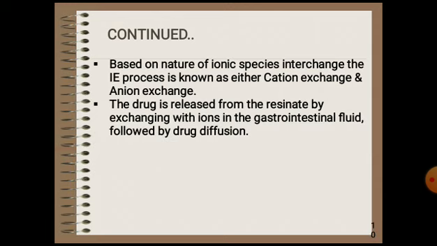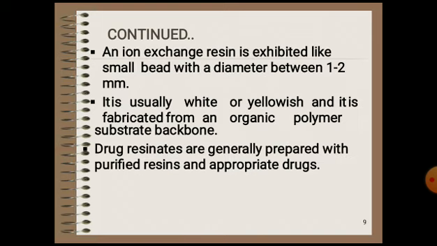Based on the nature of ionic species, the ion exchange process is known as either cationic exchange or anionic exchange. The drug is released from the resinate by exchanging with ions in the GI fluid followed by drug diffusion. So I hope you got it.